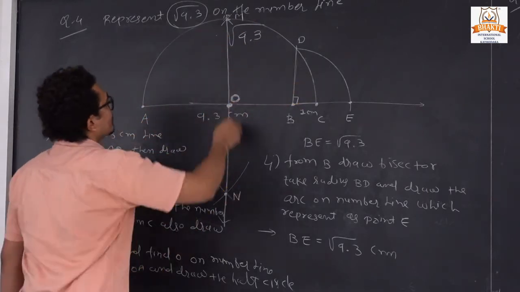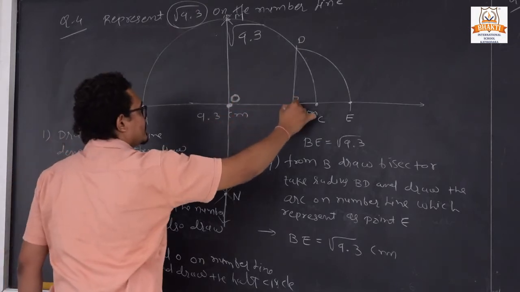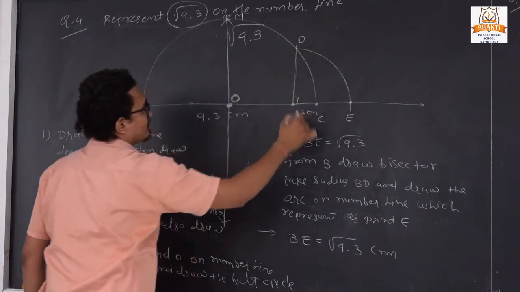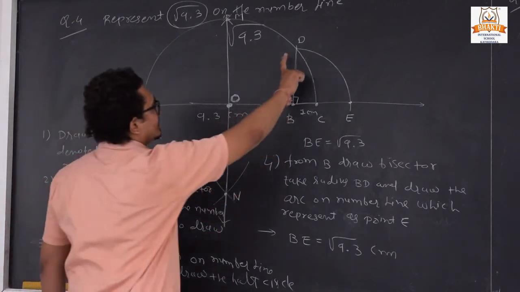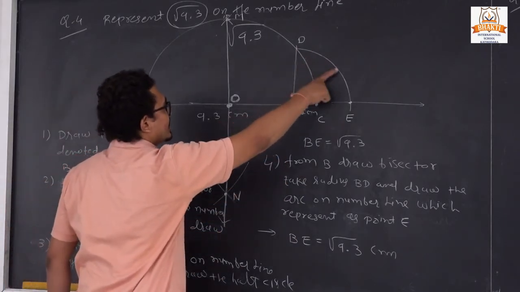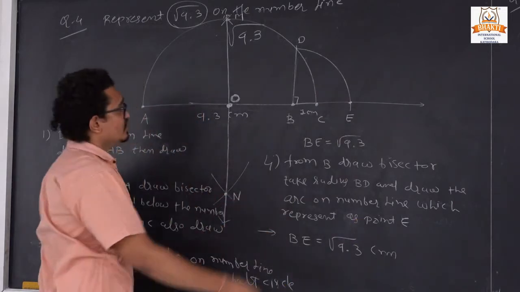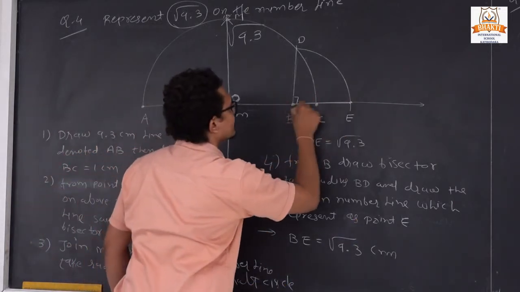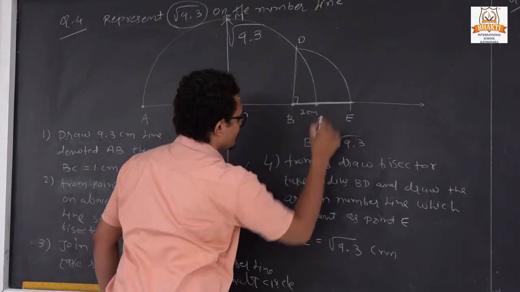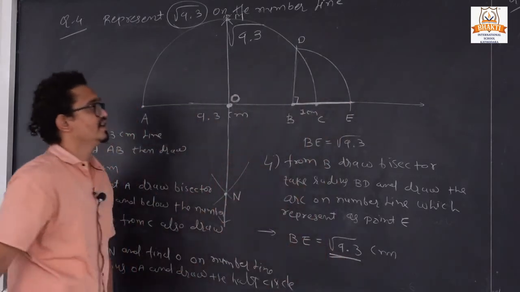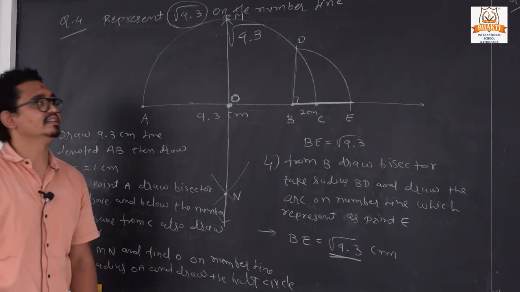From point B we draw the perpendicular and take the measurement BD that intersects our number line at E. So if you measure this, BE is the measurement under root 9.3.